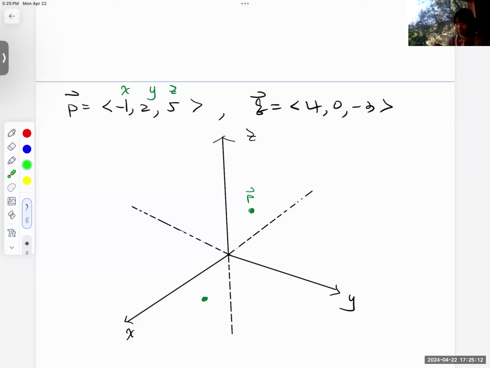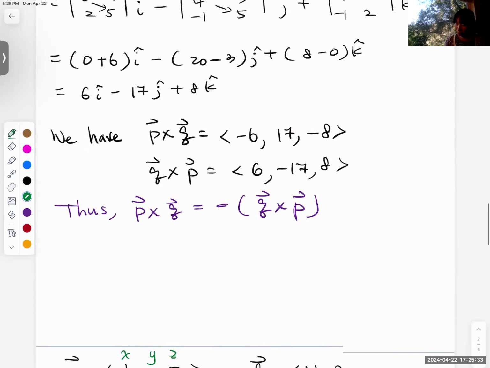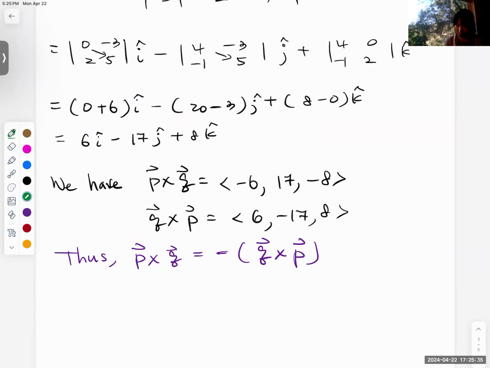Yes, very good. Okay. So parallel to the z-axis. So that will be Q. Okay, let's connect the point. Okay, now let me bring this one here.